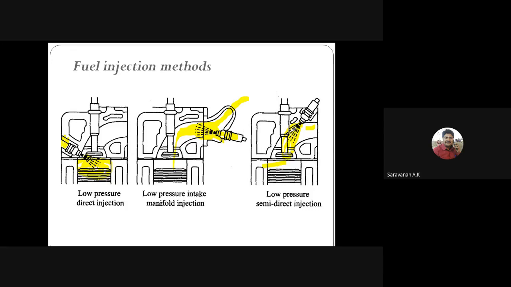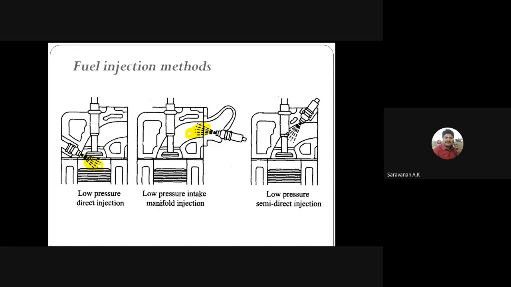Then the fuel sprays directly at one point, or the center of the intake manifold. Is it clear? The fuel sprays directly at one point or at the center of the intake manifold.